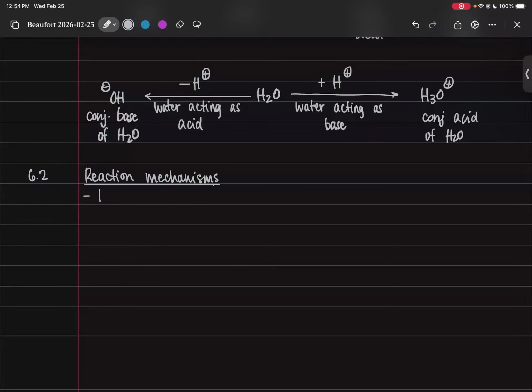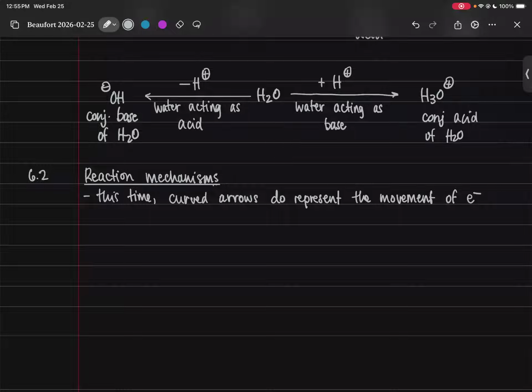So this time we're going to use curved arrows again. But they're actually going to show the movement of electrons rather than just being a bookkeeping method to show how you get from one resonance structure to the next. So it's for real this time.